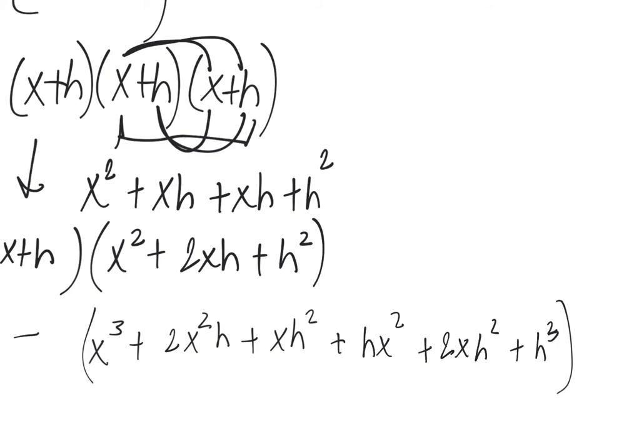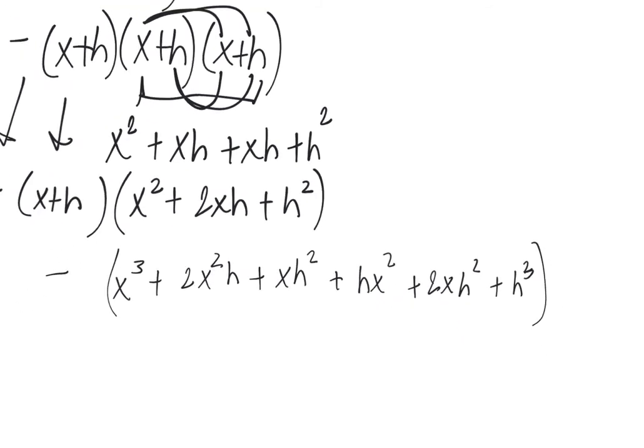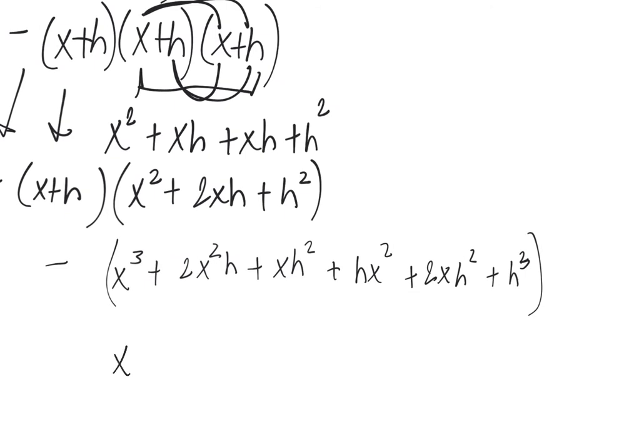Now you just got that negative out front, but I do want to simplify the inside as in combine the like terms. There's only one x cubed. We got a 2x squared h and a hx squared. Those are like terms. That is 3x squared h. And then we have an xh squared and 2xh squared. So that is 3xh squared. And then all you're left with is that h cubed in the back.